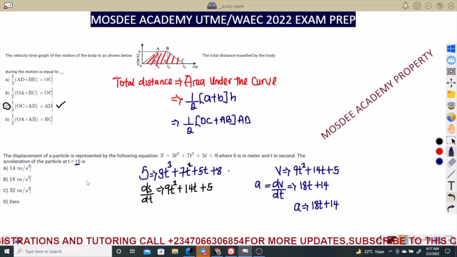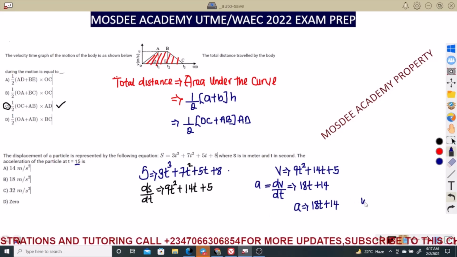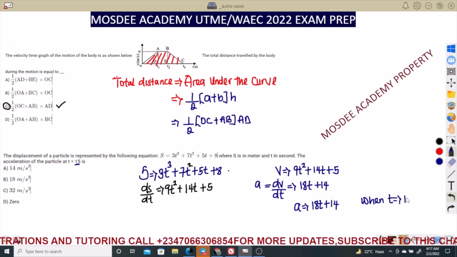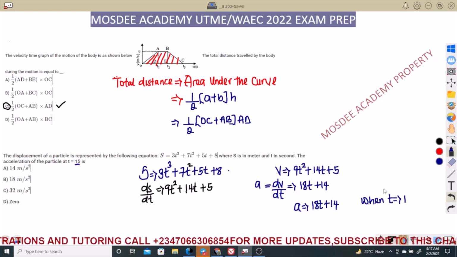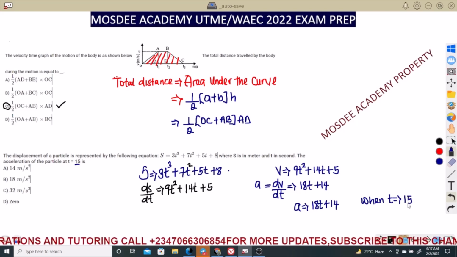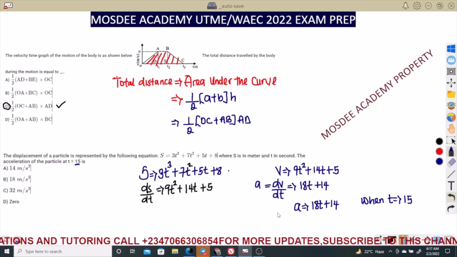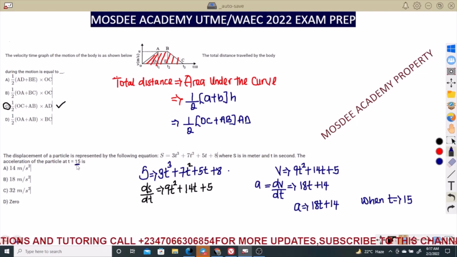Directly now, you can say when t is equal to 15. I don't think this is 15, maybe it is 1 second.